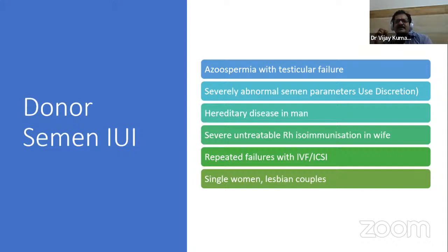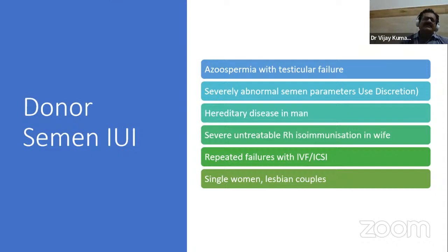Severely abnormal semen parameters. As I told, sometimes there will be severe oligoasthenospermia. The motility will be very less, and the abnormal sperms will be in excess. In such cases, if IUI with the husband sample fails for consecutive 3 to 6 cycles, then it's better to utilize the donor sample.